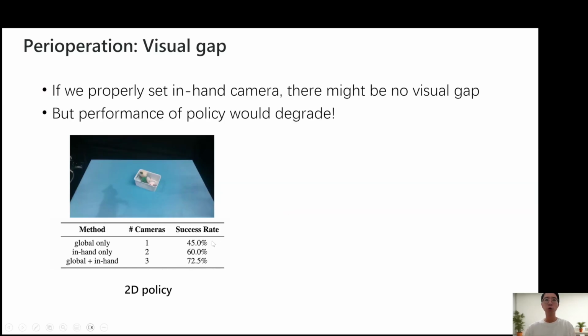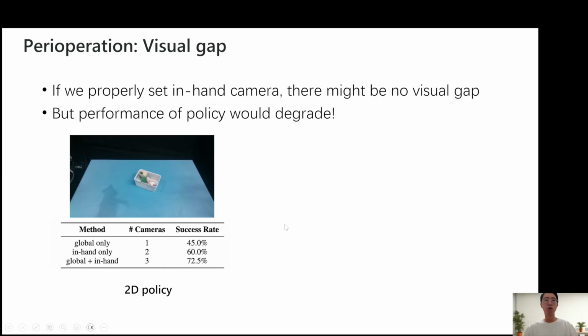But if you just use two in-hand cameras, the success rate could increase to about 60%. And eventually, if you combine a global camera and two in-hand cameras, the performance could go to about 72%. It shows that adding a global camera can increase the performance. And this comes at no cost, right?